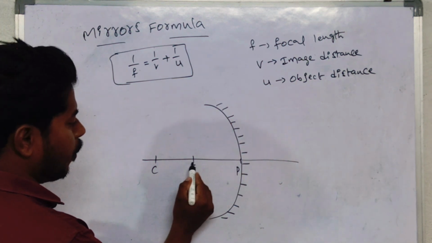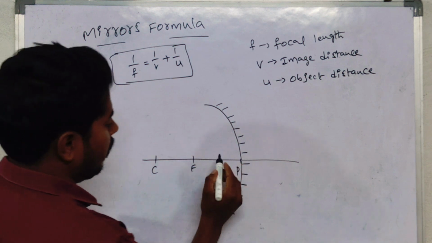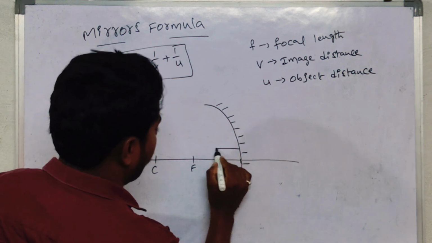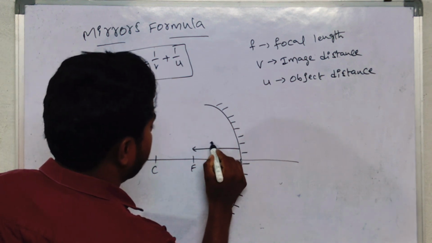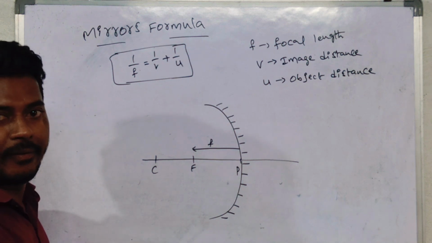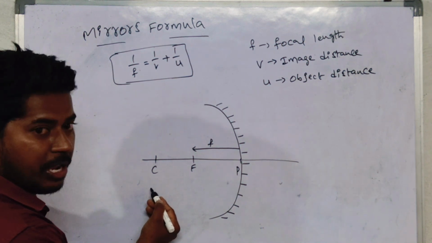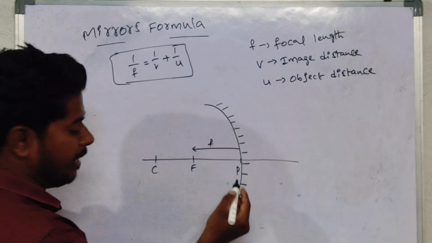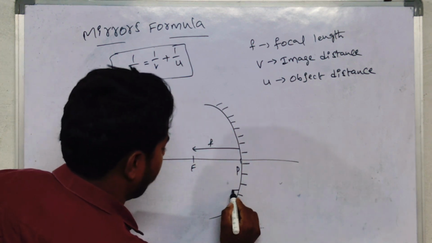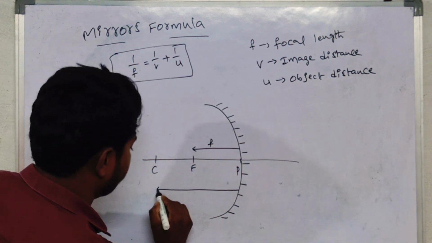The distance of the focus from the mirror is called focal length. It is denoted by small f. The distance of the center of curvature from the mirror is called radius of curvature.